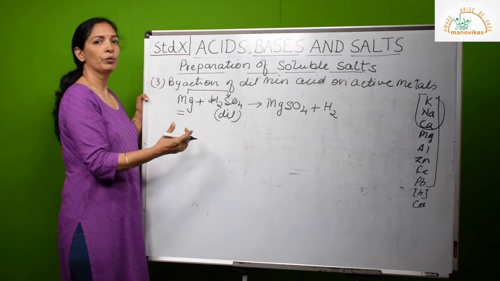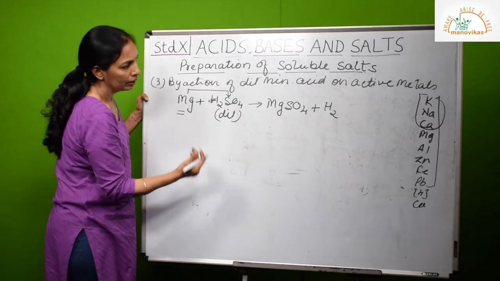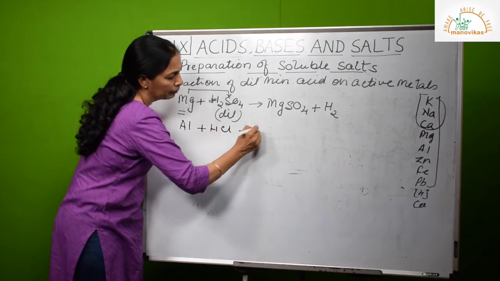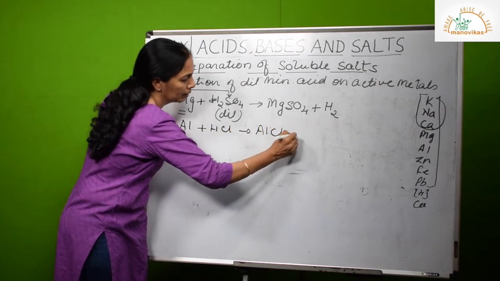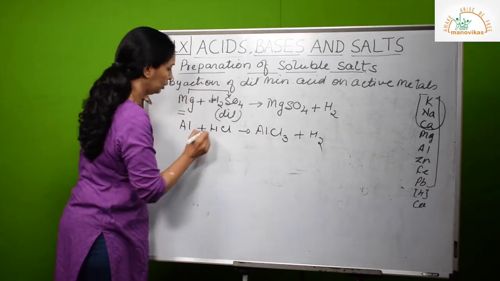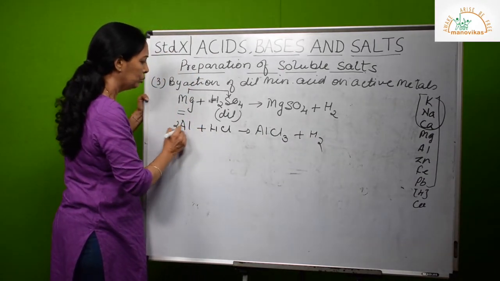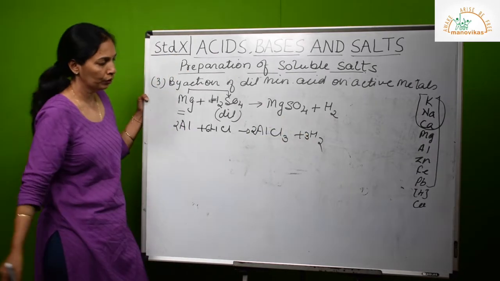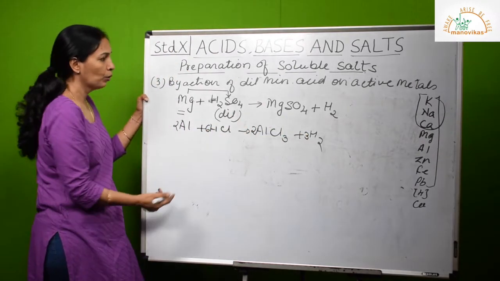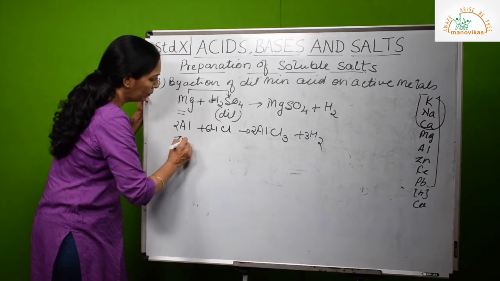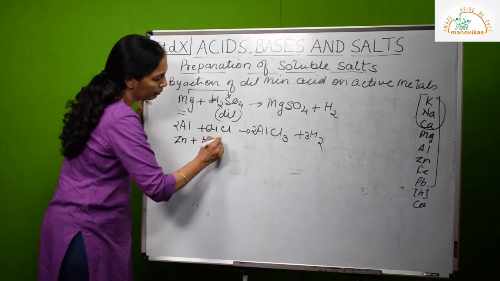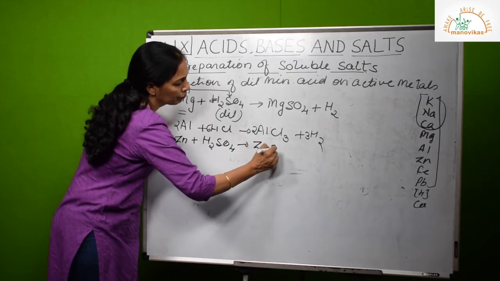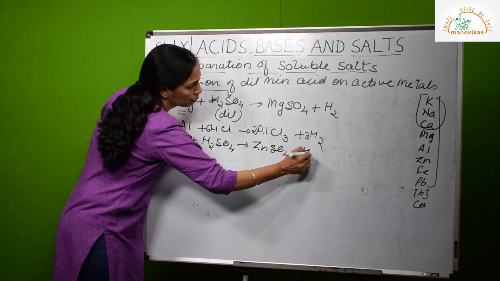Now similarly, let us take aluminium and treat it with HCl. It will give AlCl3 plus H2, balanced as 2, 6, 2 and 3. So aluminium chloride is formed. Zinc, which is common in the laboratory preparation of hydrogen, with dilute acids will give ZnSO4 plus H2.